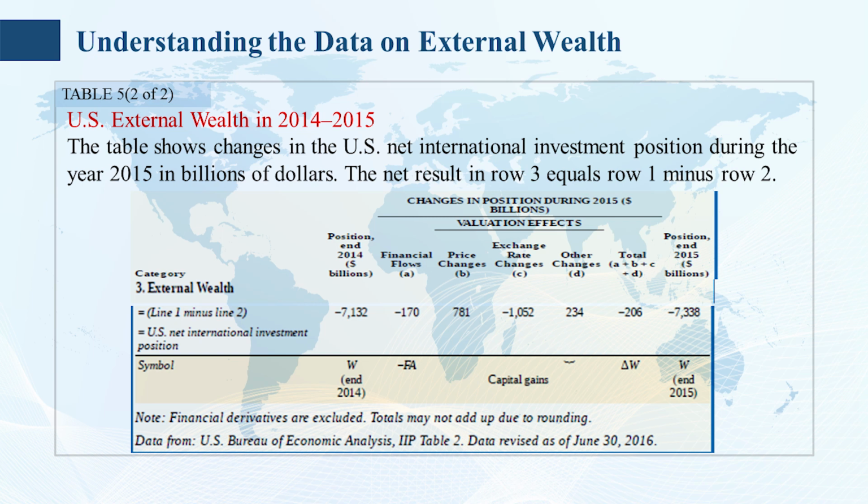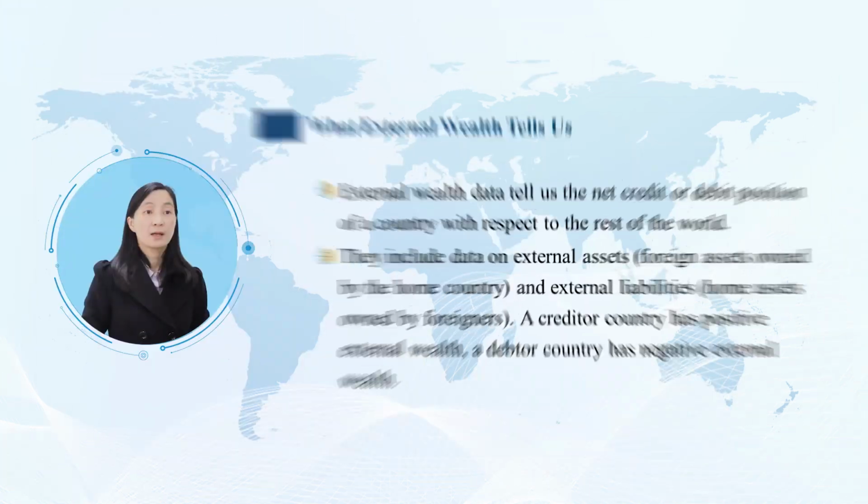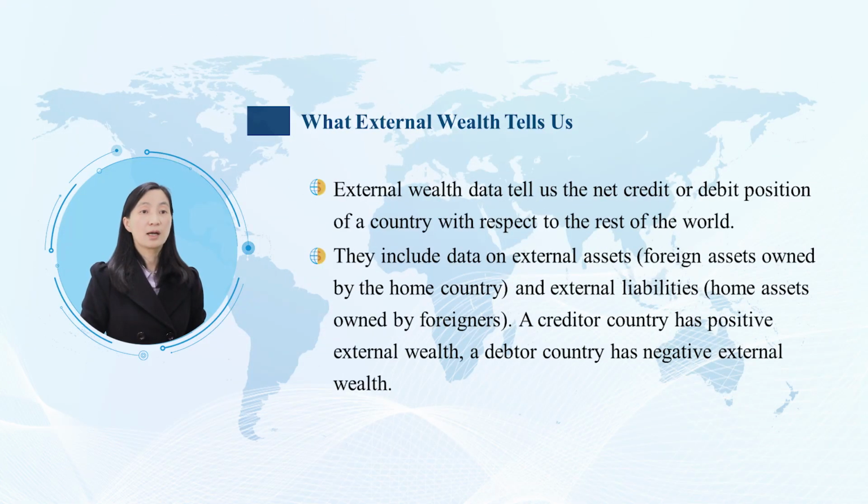Thus, while the United States borrowed, on net, an additional $170 billion from the rest of the world in 2015, its external wealth actually fell by $206 billion.